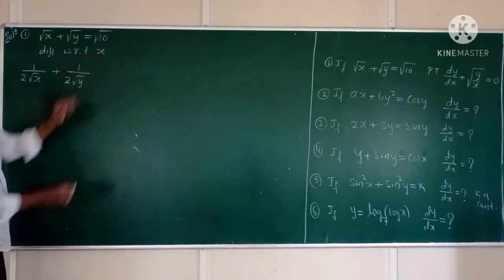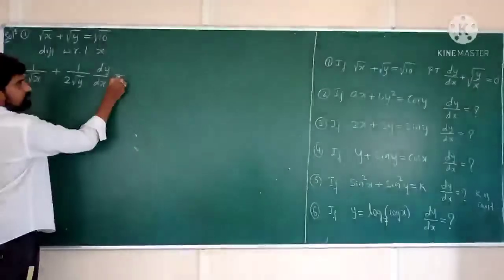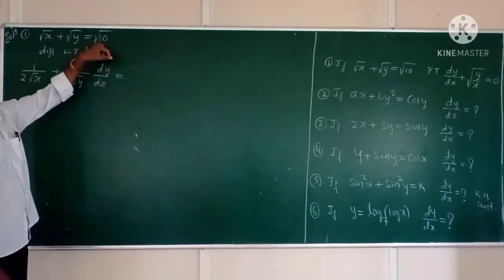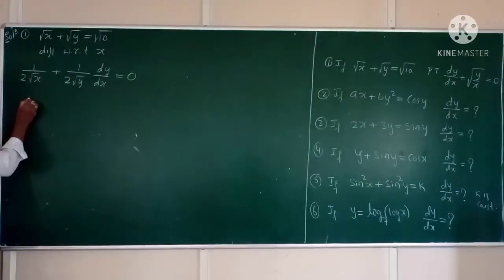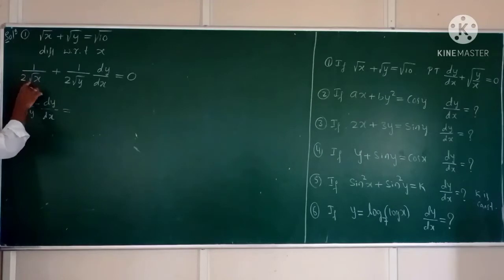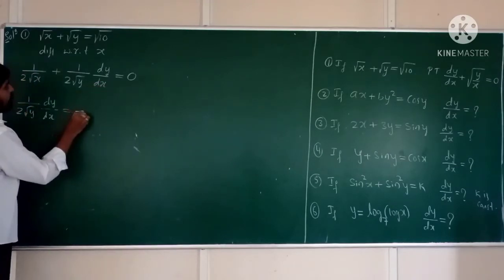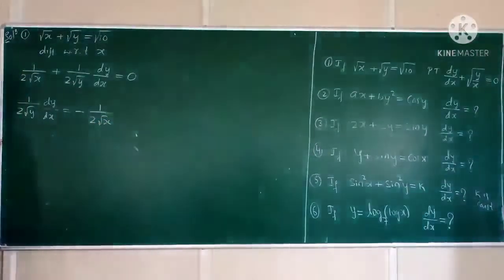Then y with respect to x is dy by dx, which is equal to the derivative of any constant with respect to x, which is 0. So therefore 1 by 2 root y dy by dx is equal to, shifting this 1 by 2 root x towards the right hand side, it becomes minus 1 divided by 2 root x.